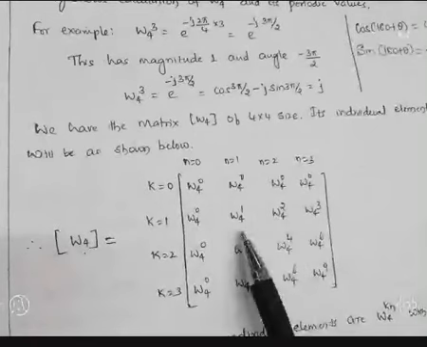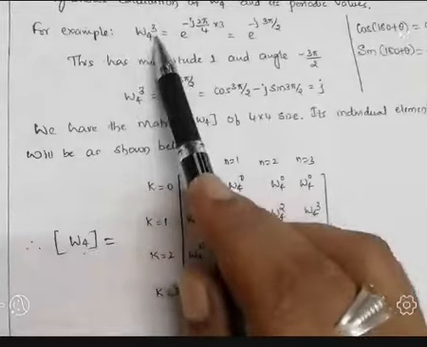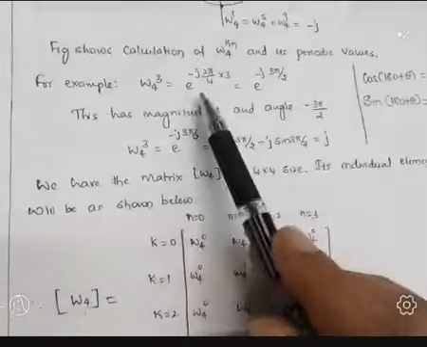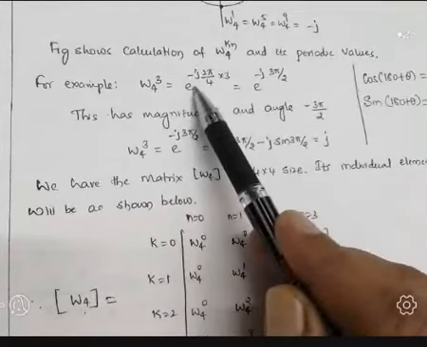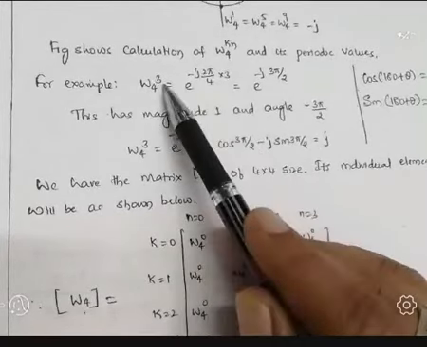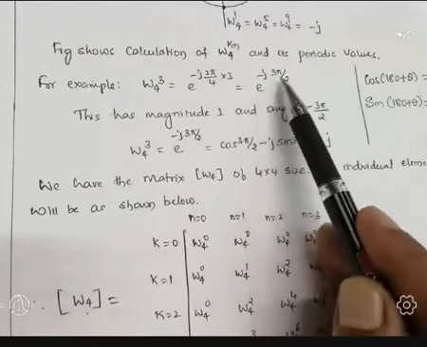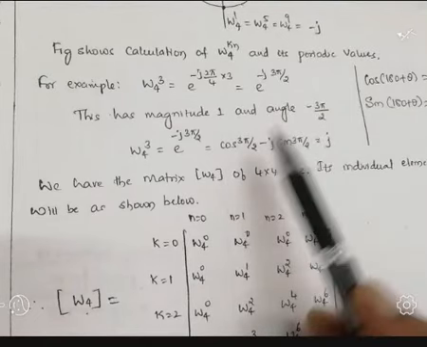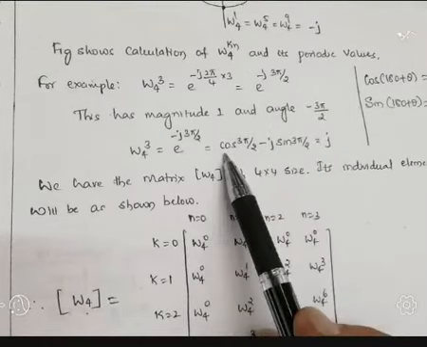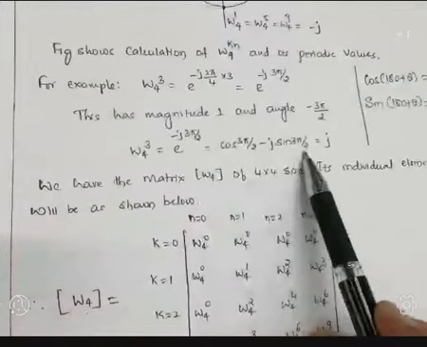How to calculate? First, I will take one example, W of 4 to the power 3. So e to the power minus j 2 pi by N, N is 4, so e to the power minus j 2 pi by 4 multiplied by 3. Simplifying, we get e to the power minus j 3 pi by 2, that is cos of 3 pi by 2 minus j sine of 3 pi by 2. After simplifying this, we get the answer j.